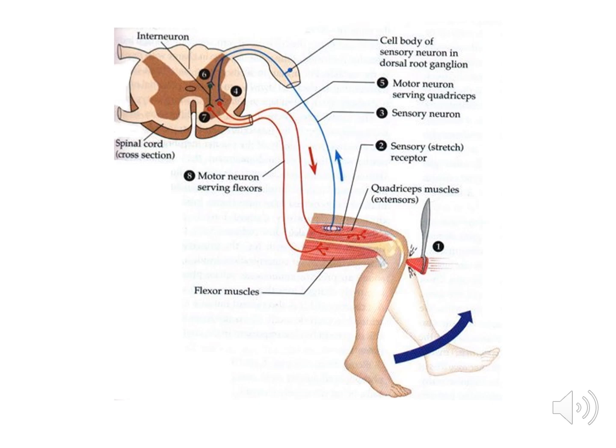Let's look at how the patellar tendon reflex works in this slide. Okay, so you have somebody hitting the person on their patellar tendon at number 1. Okay, and at number 2, you see the sensory receptor being stimulated, and now it's sending a sensory impulse up to the spinal cord on the sensory nerve that is blue in this particular picture.